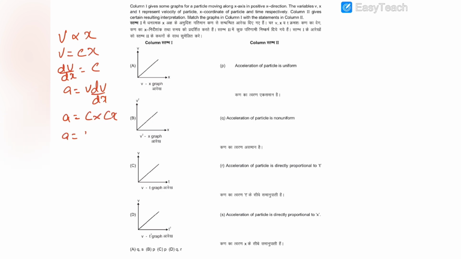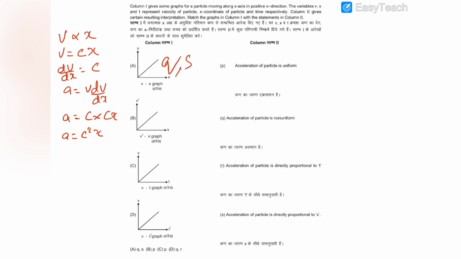So A would be equal to C square x, which means that the correct matching for option A would be: the particle has a non-uniform acceleration, which is q, and acceleration is directly proportional to x, which is s.